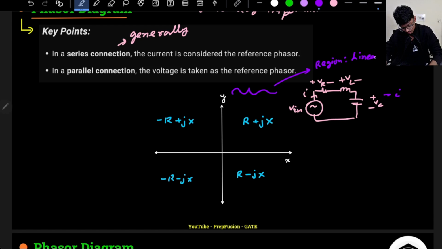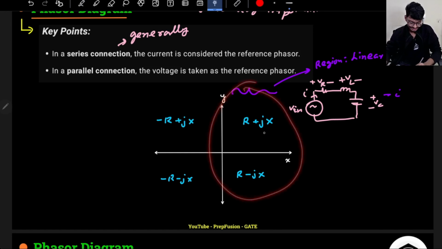So this is for the region linear and passive. Okay, linear and passive. If I have a linear and passive region, in this region my X can be positive or negative. I'm talking about impedance.